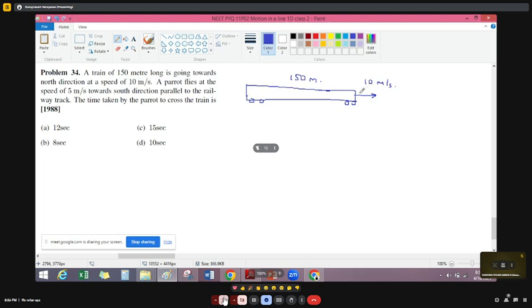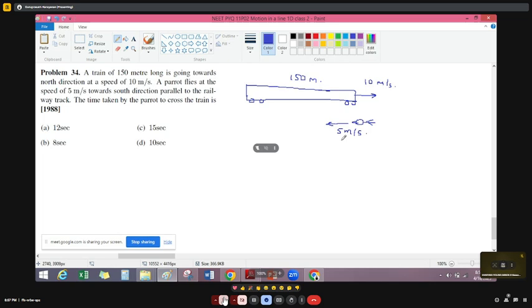Parrot flies at the speed of 5 meters per second towards the south direction, parallel to the railway track. Like a parrot or something, it is flying at 5 meters per second in the south direction, opposite to this.